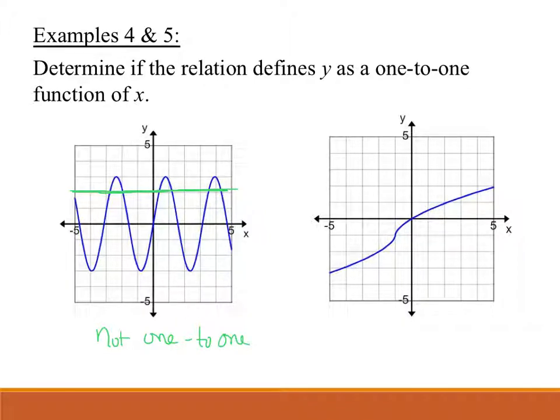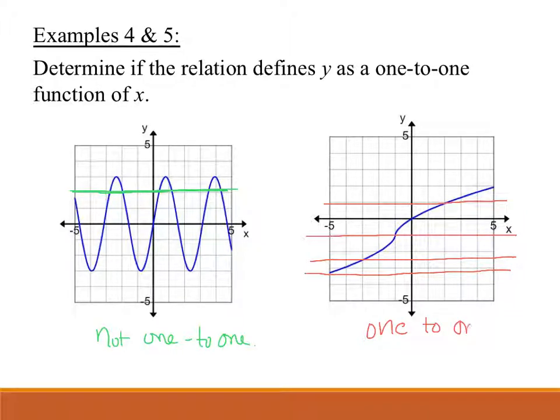But now if we look at the other function, we'll draw it with red, we can see, in fact, we have one-to-one. So example 4 is not one-to-one, but example 5 is one-to-one.